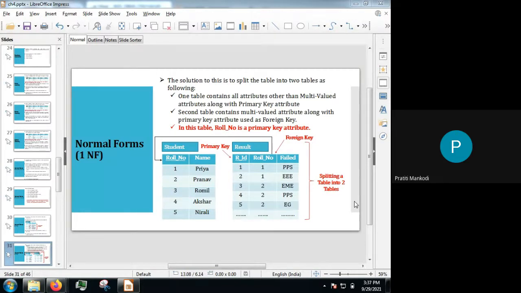Here what you are doing is you are making a copy of this, but the data will be coming from this only. Coming in the sense, I cannot write here roll number 6 because 6 doesn't exist here. I cannot delete a roll number from here because it is referred here.